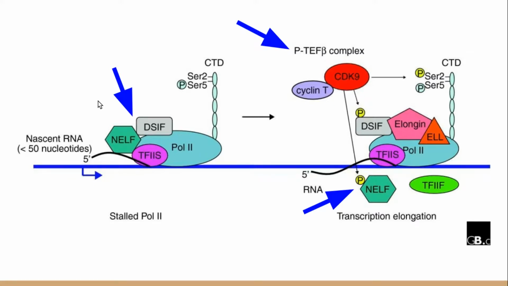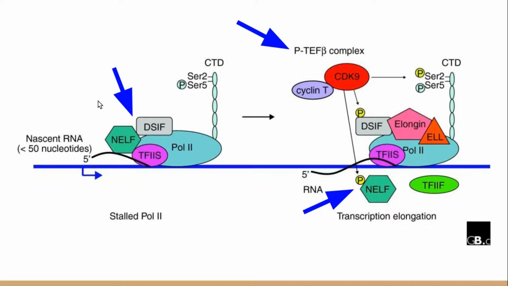This CTD tail is basically the master regulatory domain of RNA polymerase II, and it can be phosphorylated at a couple different really important sites. CTD phosphorylation at serine 2 by the PTEF complex greatly enhances its processivity. And although I'm not sure of the mechanism, it's important.